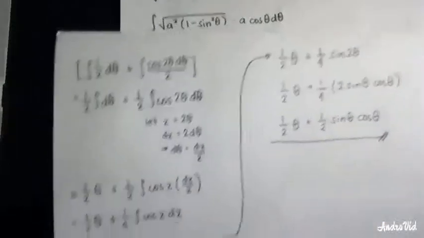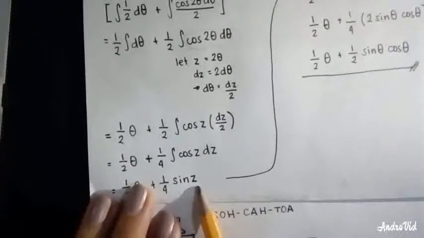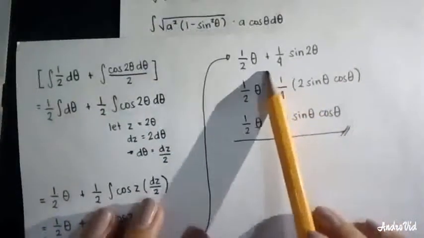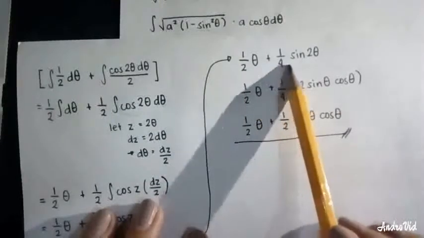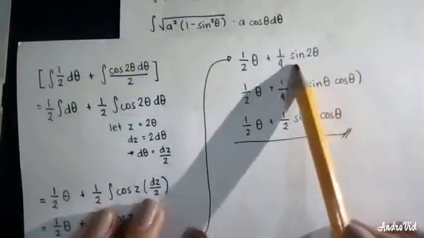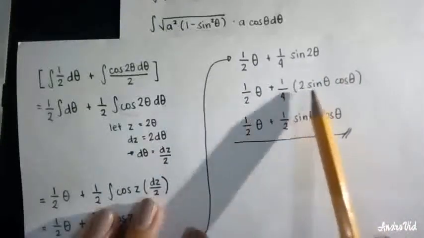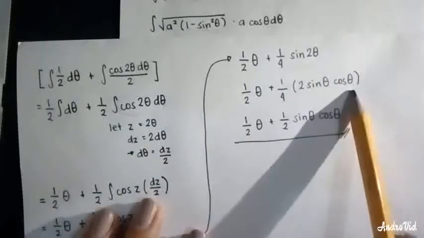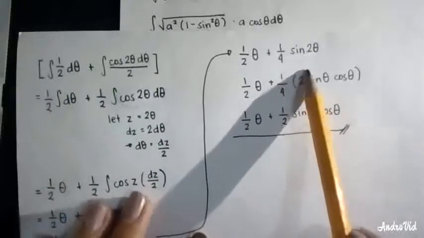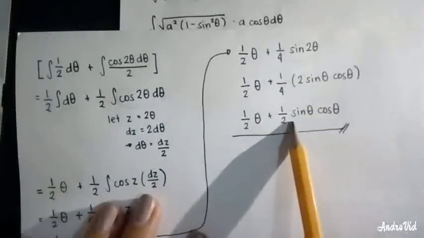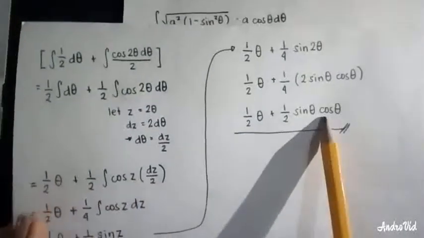We're going to undo the substitution since we know that z is equal to 2 theta. We would have 1/2 theta plus 1/4 sine 2 theta. Sine 2 theta also has an identity, that is 2 sine theta cosine theta. So simplifying, we will now get 1/2 theta plus 1/2 sine theta cosine theta.